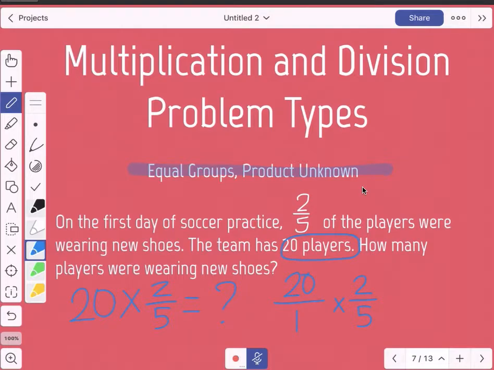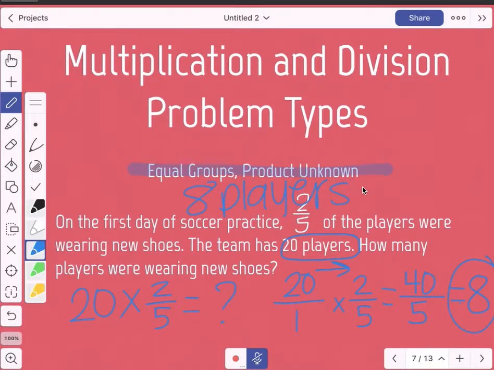I could cross simplify right now, making this into 1 and this into 4, or I could not. I'm going to not, and then simplify later for those who prefer to do it that way. So I'm going to multiply straight across and get 40 over 5, which I can simplify by saying 5 goes into 40 8 whole times. So my answer is 8. So 8 players had new shoes.